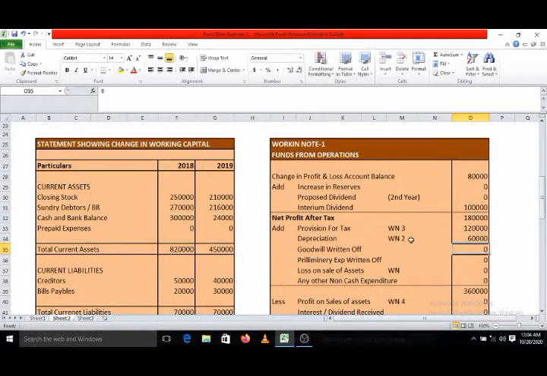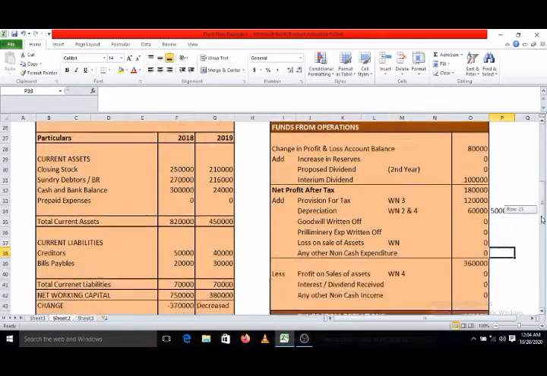Now here working note number 2 and 4. So for your reference here I am writing 50,000 plus 10,000. How has the total depreciation arrived? Land and building 10,000 and machinery 50,000, total 60,000.